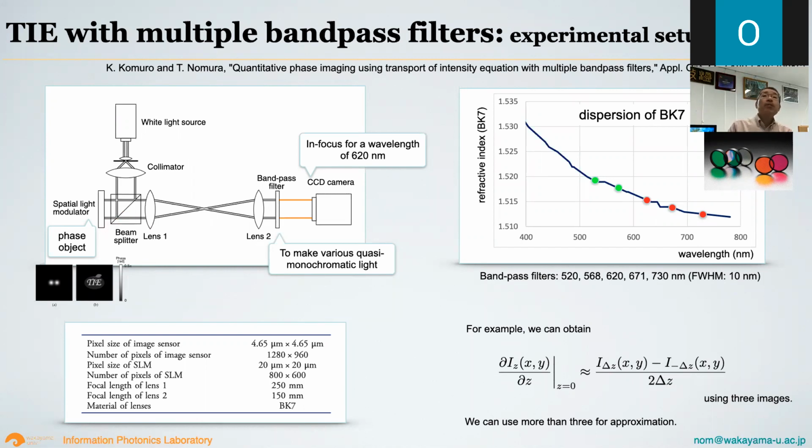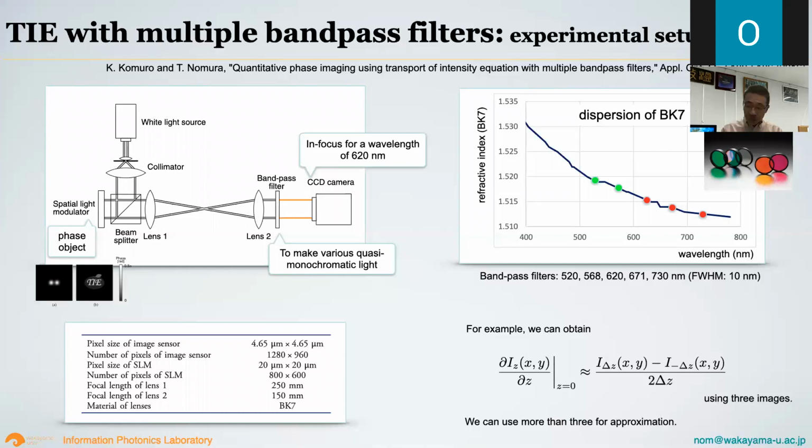Number of pixels of the SLM is 800 by 600, and so on. The lens is made of BK7. It has chromatic dispersion like this. So 520, 568, 620, 671, 730, different refractive index. So it has chromatic aberration.